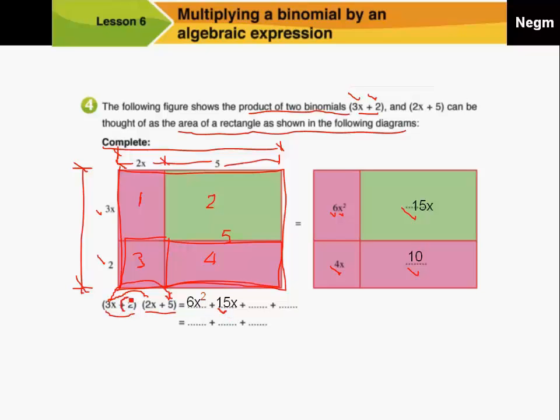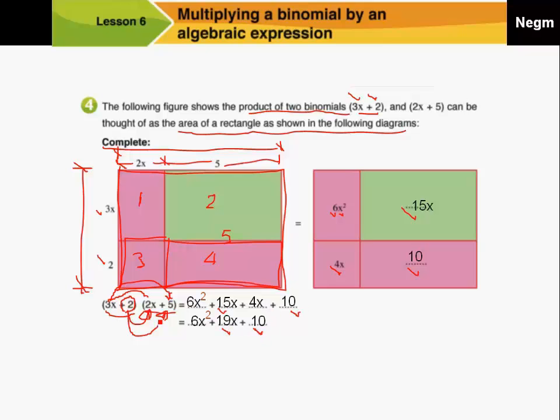And we multiply 2 by 2x to give 4x. Also, multiply 2 again times 5, plus times plus gives plus, 2 times 5 gives 10. So this will be 6x squared plus 15x plus 4x. 15 plus 4 is 19, so this will be 19x plus 10.